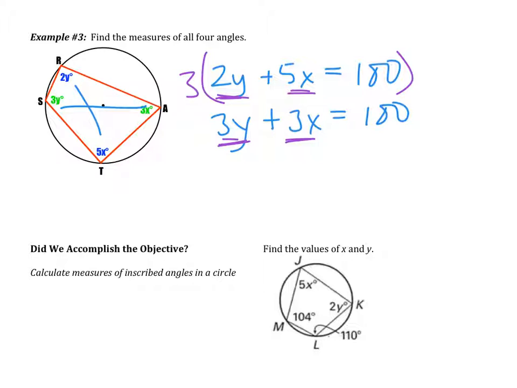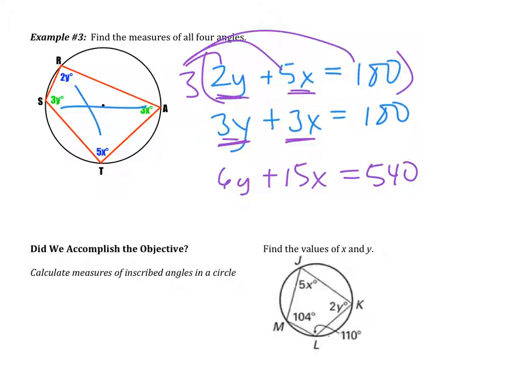3. That'll give us a 6y, a 15x, and 3 times 180 is what, 540? Okay? Alright, so that means the bottom equation we're going to multiply by negative 2 to get a negative 6y, so negative 6y, negative 6x, and negative 360.